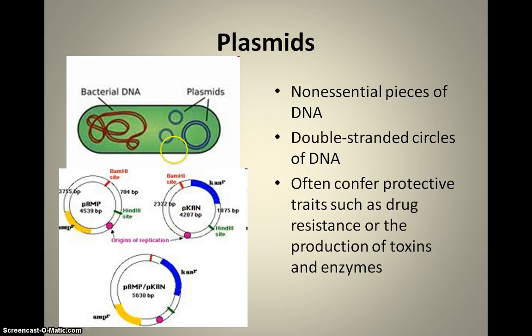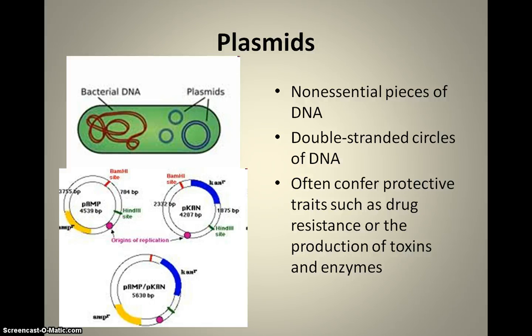Some things that they can carry that are non-essential are antibiotic resistance or the production of toxins or enzymes or things like that. So, small genes that make proteins or do something beneficial for the bacteria, but are not necessarily needed for it to survive under optimal conditions.